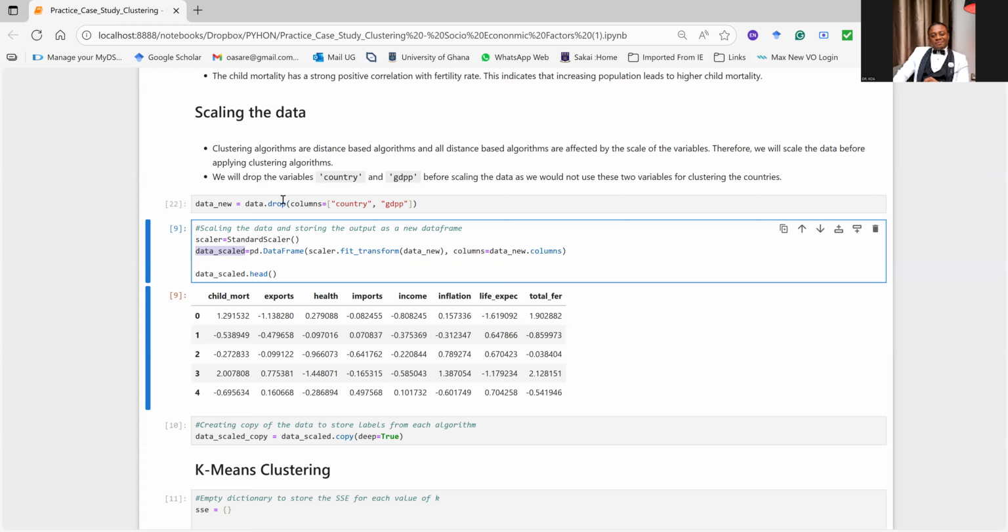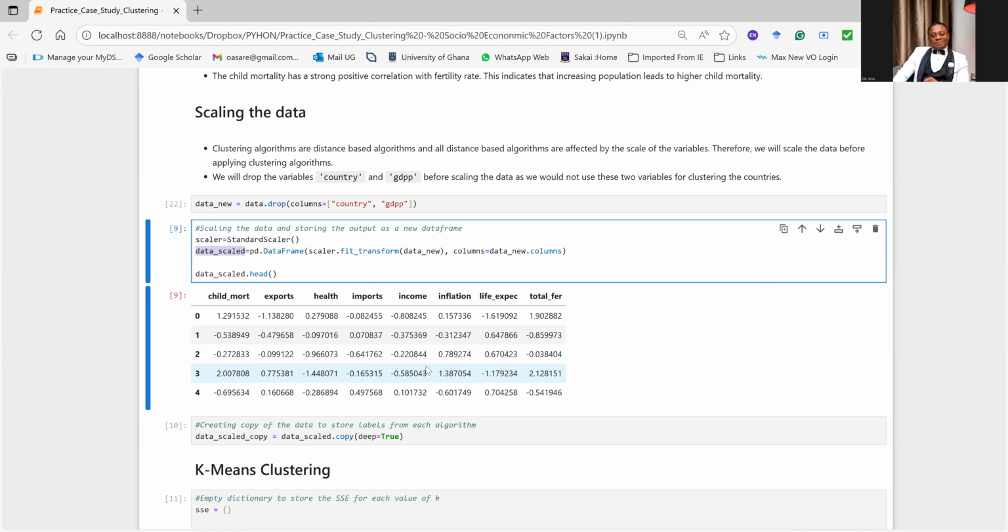Remember, we created a new data at the top, and what made it new is that we dropped country and GDP data. Now we are scaling it. So we are going to have a new data set called data scaled. The top part of that data scaled is these values. Check the values carefully and you see that they are all within the same numbering.